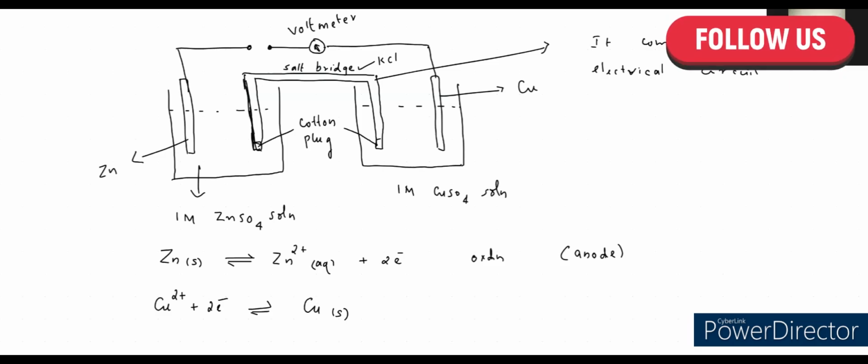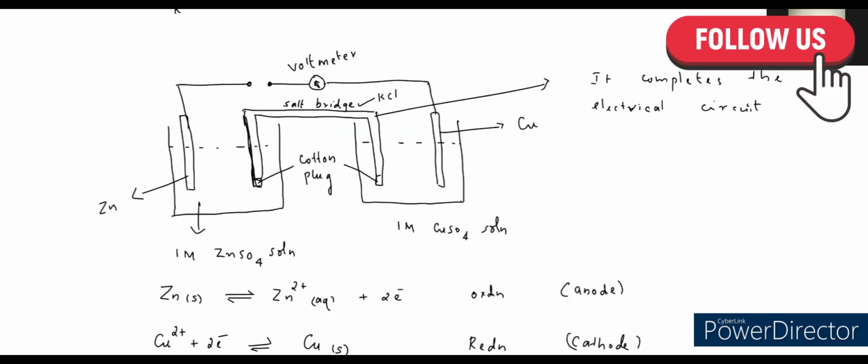This process is called reduction, and the terminal at which reduction takes place is the cathode. So in a galvanic cell, at the anode there is oxidation, at the cathode there is reduction.